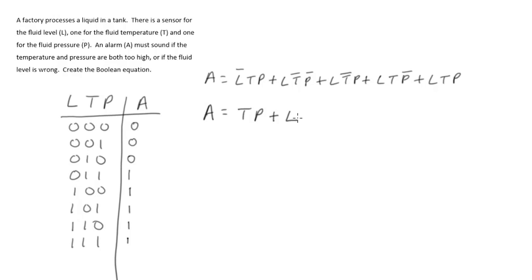Once again, that shorter equation is equivalent to the longer equation, and you'll learn how to do that in another class. Let's draw the logic circuit for the shorter equation.